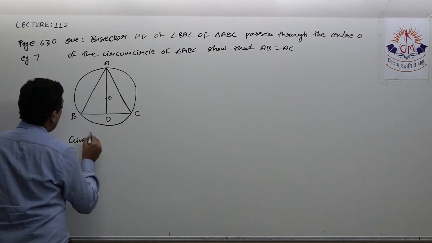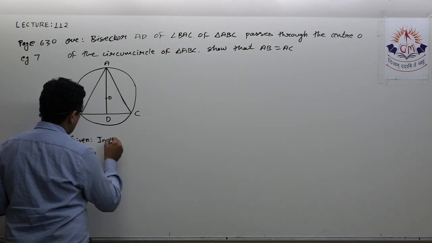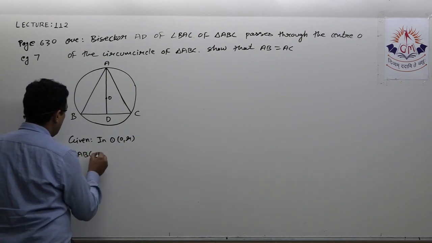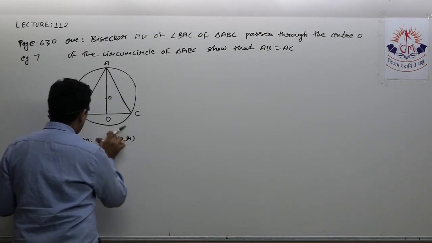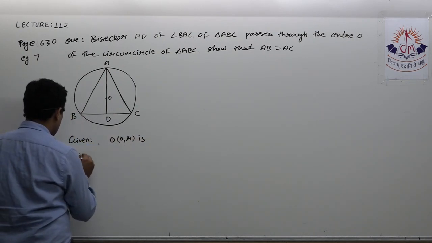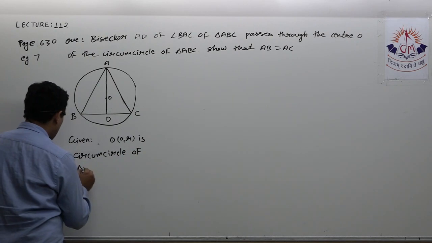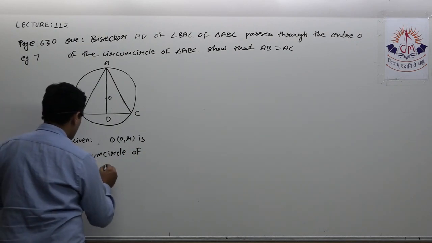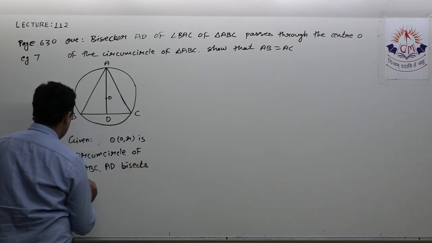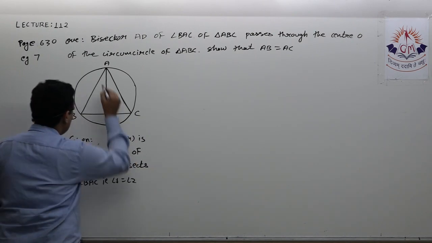So what we have given: in circle O comma R, triangle ABC, circle O comma R is the circumcircle of triangle ABC. AD bisects angle BAC, that is, angle 1 is equal to angle 2.